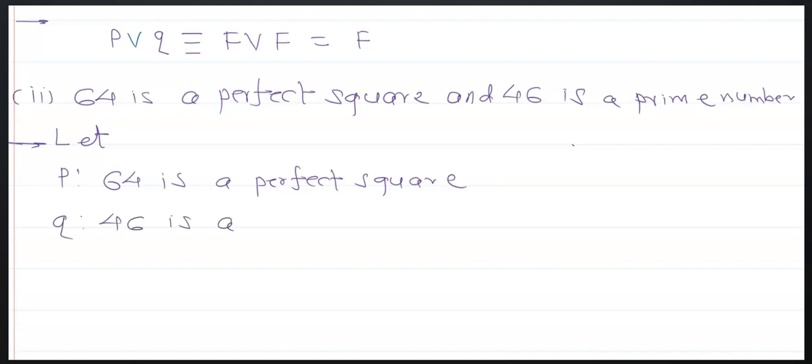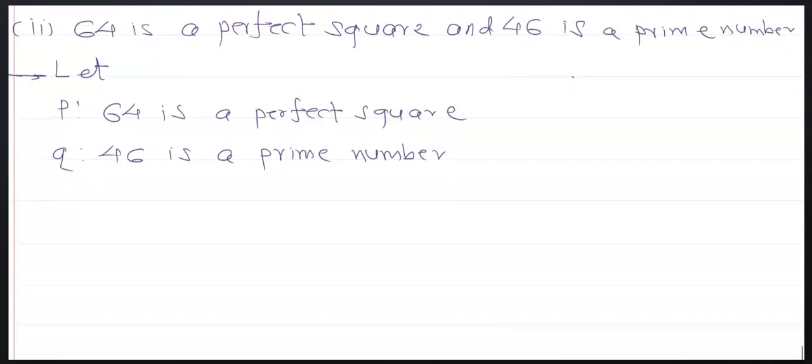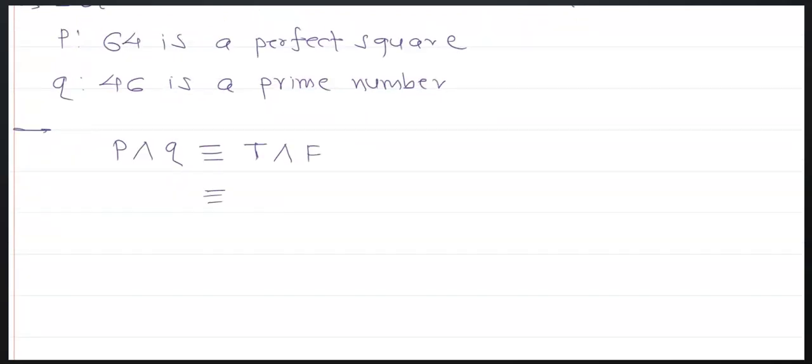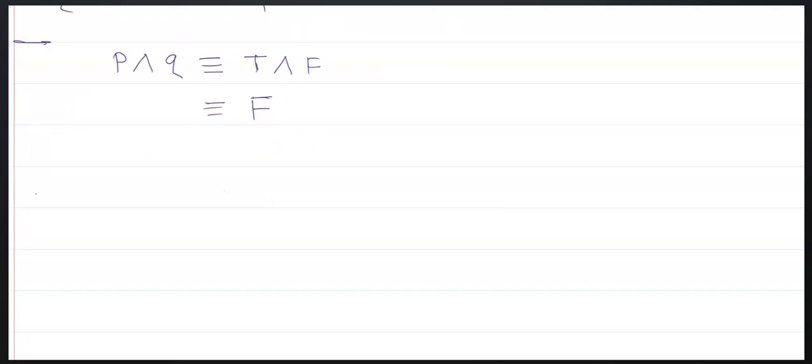Q: 46 is a prime number. The truth value of P is T and the truth value of Q is false, because 46 is not a prime number. It is a composite number. Therefore, T and F is F. This is AND. In the AND statement, when both of them are true, then it is true, otherwise false. Now this is otherwise. Because both of them are not true, therefore it is false.